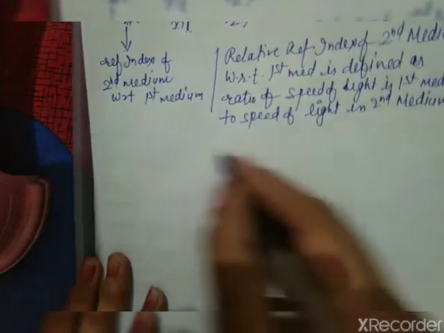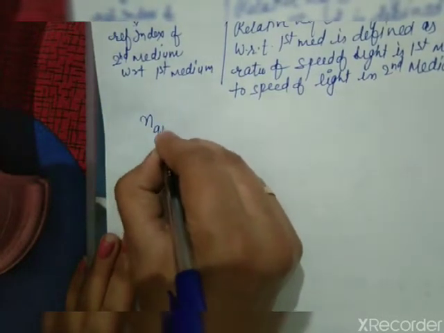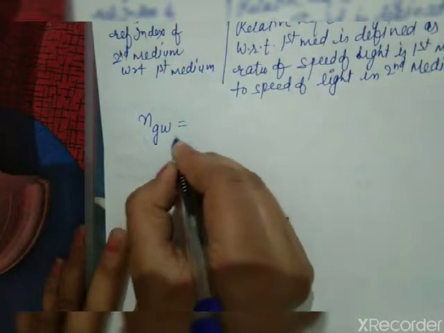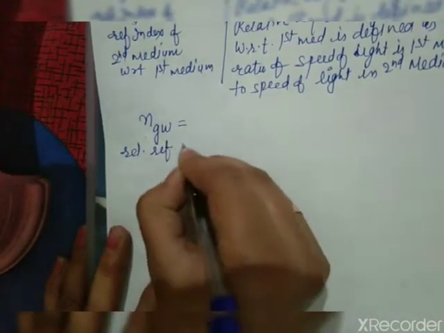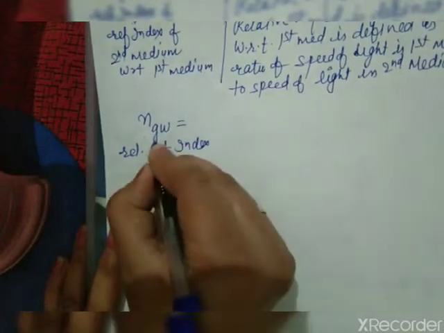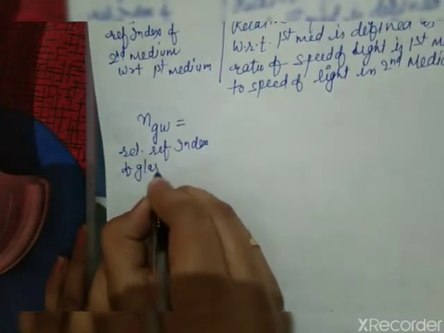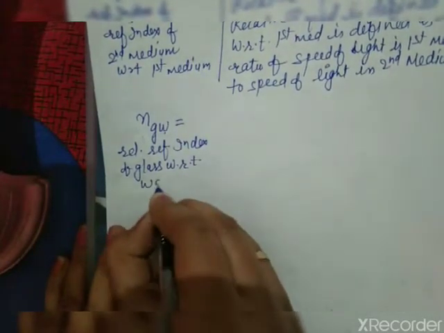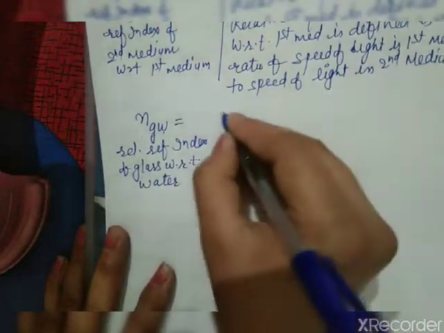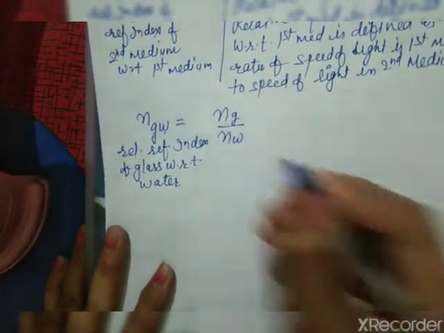Okay, if I am asking you about n_gw, it means what? It means relative refractive index of what? First you have to state now, of glass with respect to water. What is its formula? That is equal to Ng by Nw.